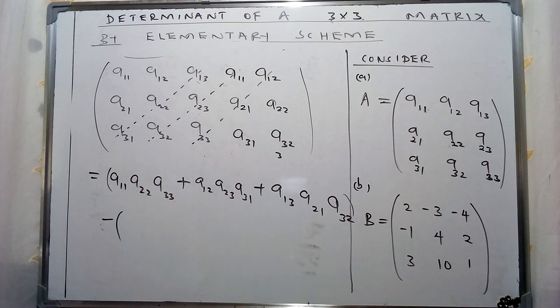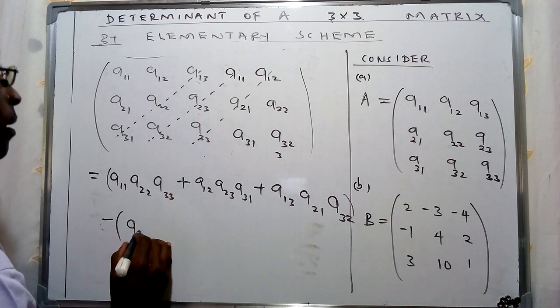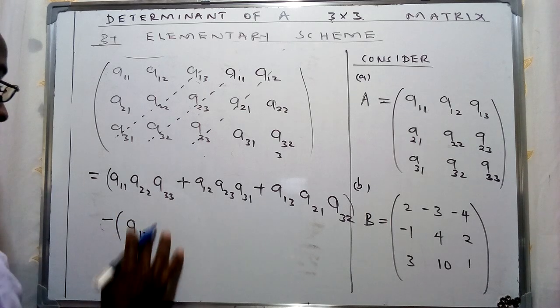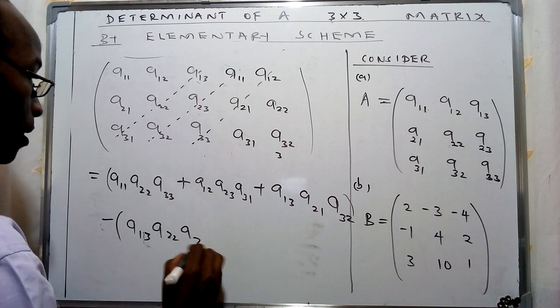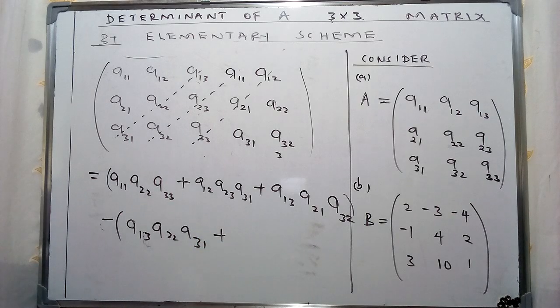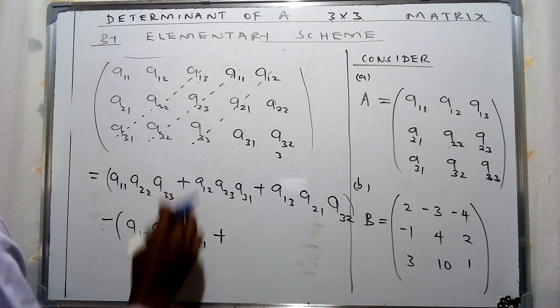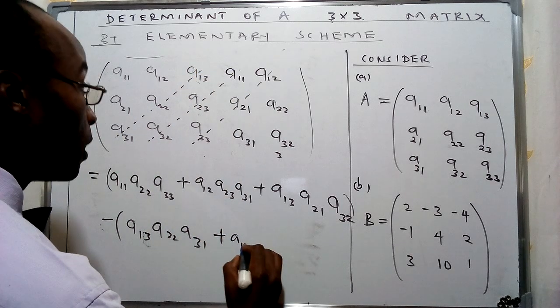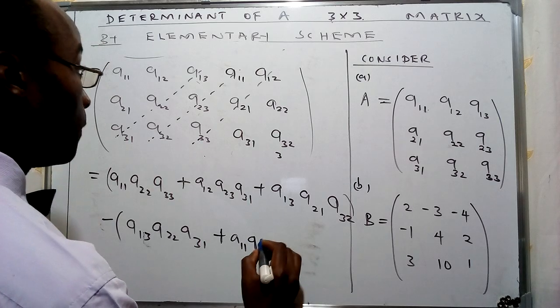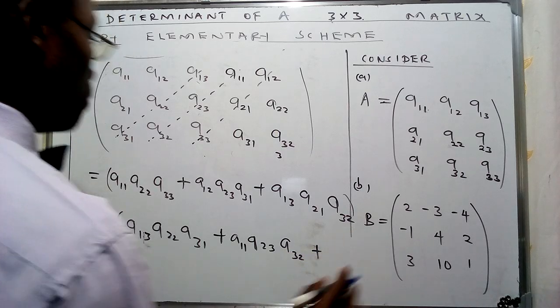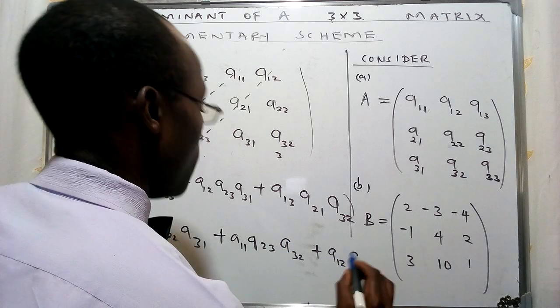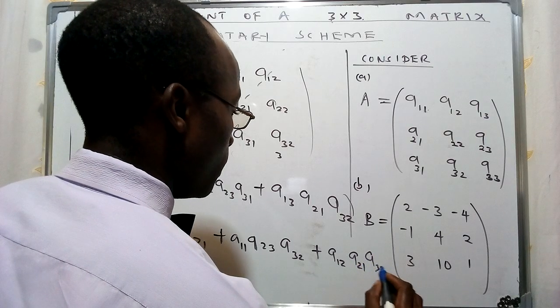So which means that we're going to have this one given in terms of A13 times A22 times A31, and then plus, we're also going to have the sum of those specific products for this one, which is going to be giving us this one, and then A11, A23, A32, and then lastly we're going to have the sum of that one plus A12, A21, A33 given as such.